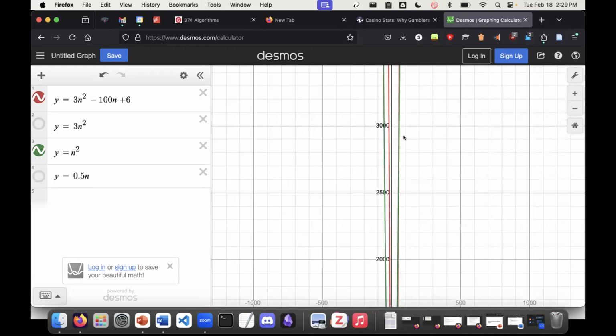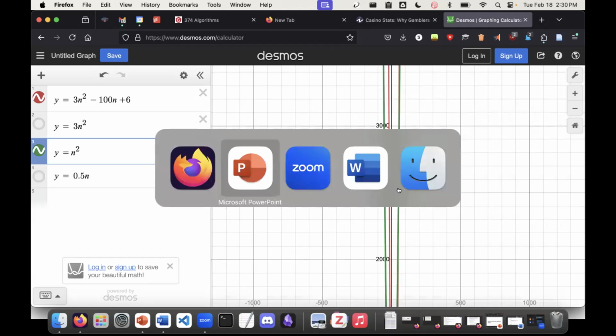There's some point where they cross, and it looks like it's around 50. So 50 could be our n naught, 51, 52, 100 could also be our n naught. That's more than maybe it needs to be, but it's also acceptable.